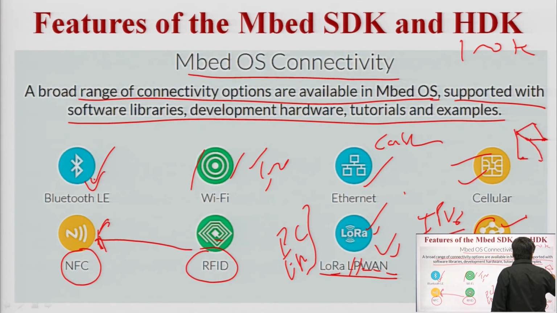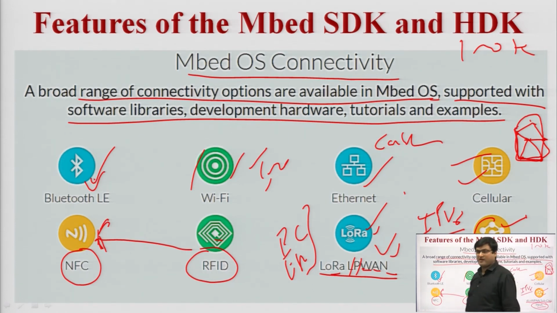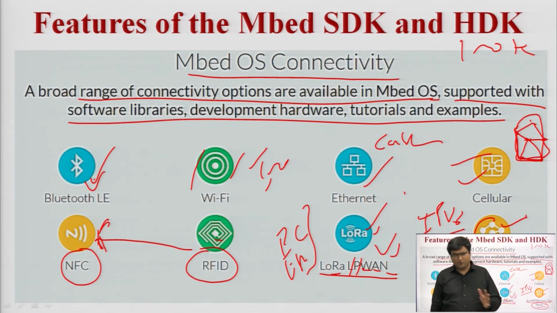Mesh means that if we are communicating from this device to another device and this node fails, the data can be transmitted through this way or that way. So this follows the mesh architecture as compared to star architecture. Star has some deficiencies: we cannot transmit data over a long range, and it has some node connectivity issues.